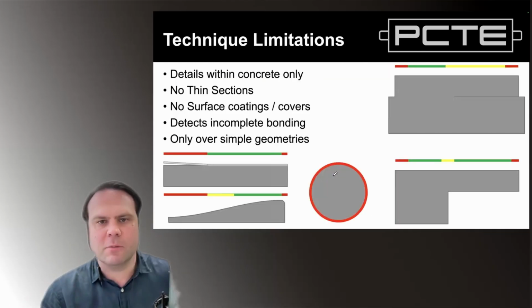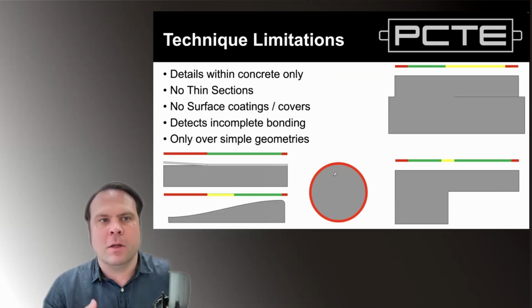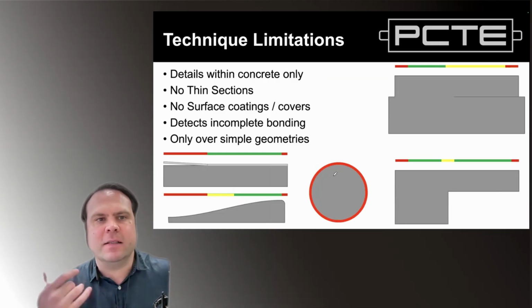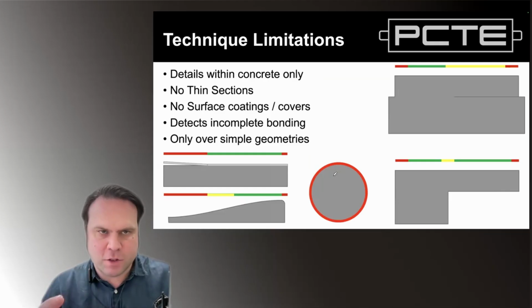So some rules of thumb about where you can safely test and where you can't test with impact echo. So it's very much about finding details within the concrete. So we can't do anything too thin.